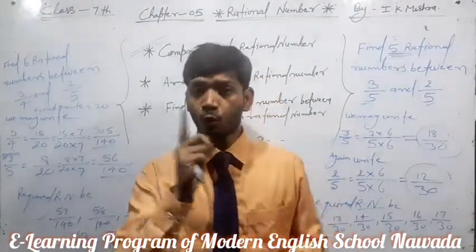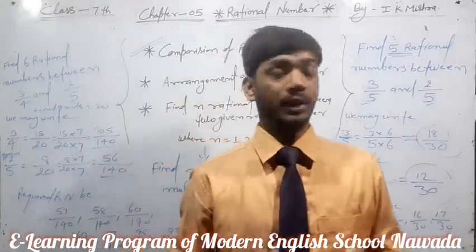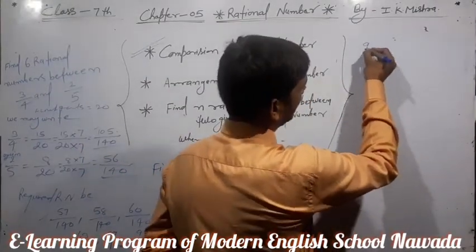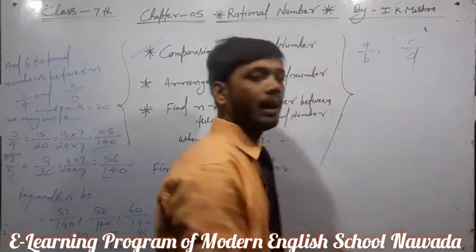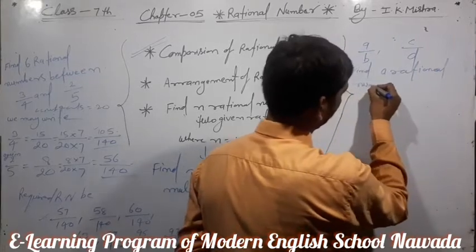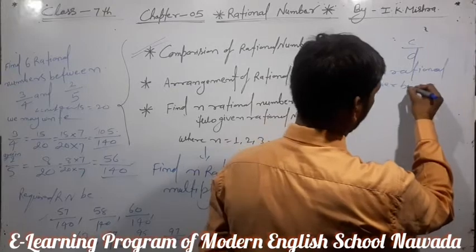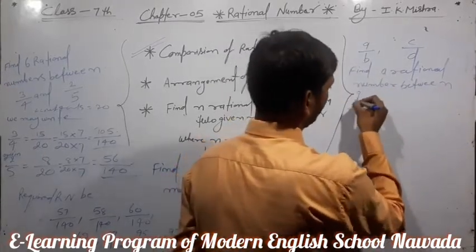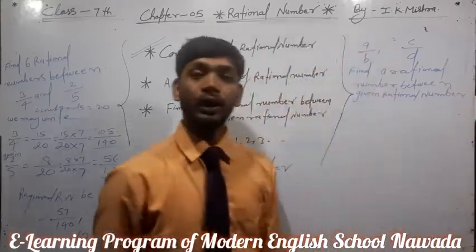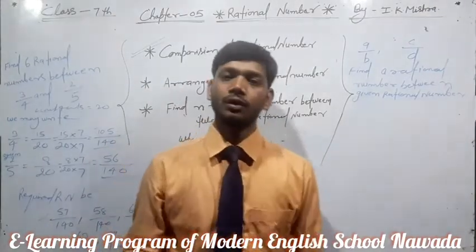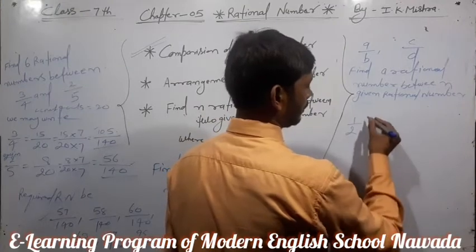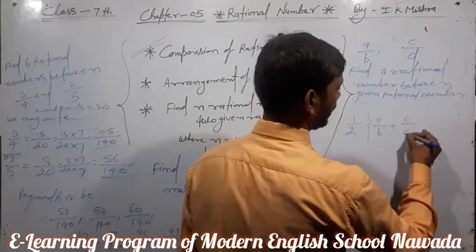If you have to find one rational number between two given rational numbers, suppose here two rational numbers a by b and c by d, and we have to find one rational number between them, then use this formula: 1 by 2 times a by b plus c by d.